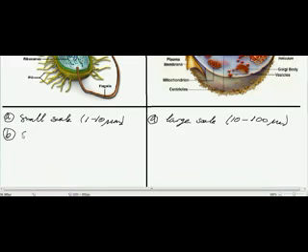So small ribosomes. While the eukaryotic cell has large ribosomes.